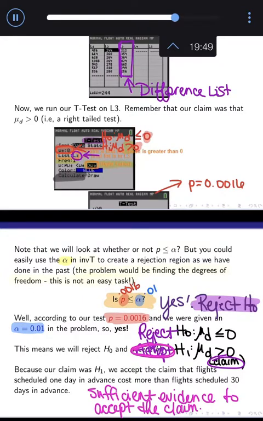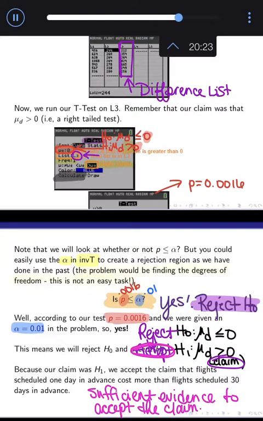Then you'd have to use your inverse t function in your calculator or the t distribution table to work backwards to find the rejection region. Then you would create your rejection region, and instead of using the p-value that your calculator spit out, you would use the t-value from the calculator. That would be your test statistic, and you would see where it would fall. If it fell inside the rejection region, you would reject. If it fell outside the rejection region, you would fail to reject.